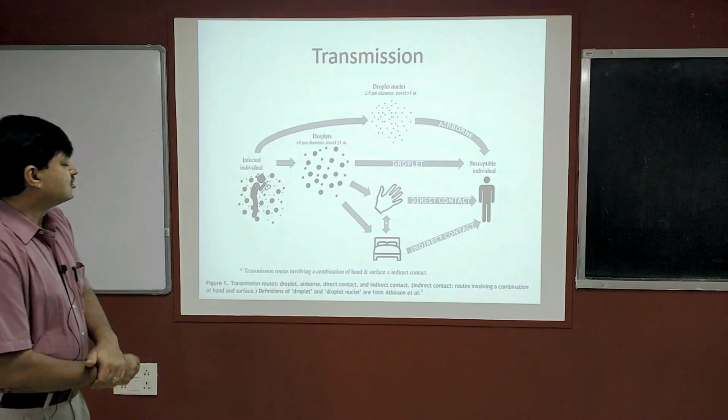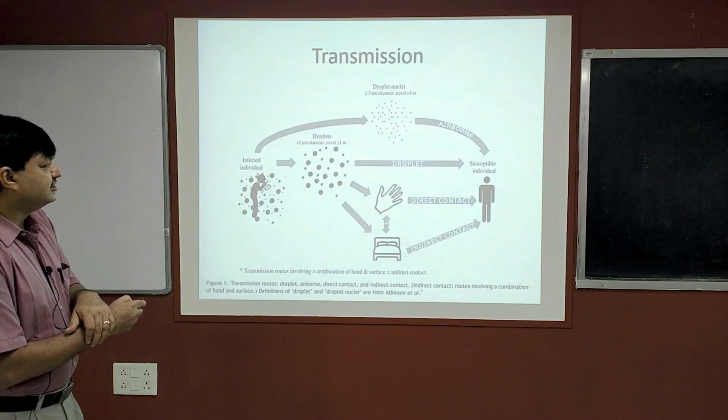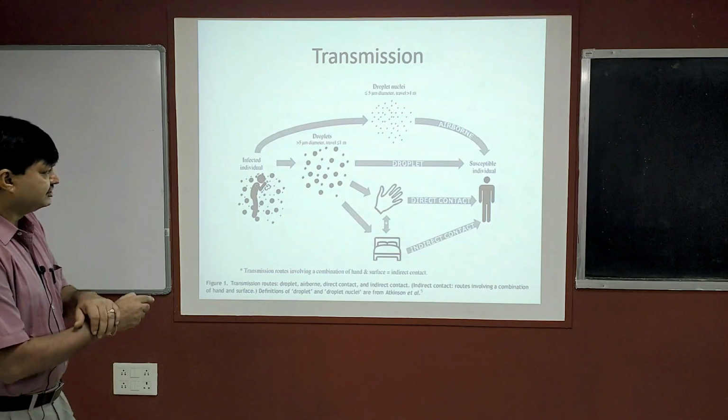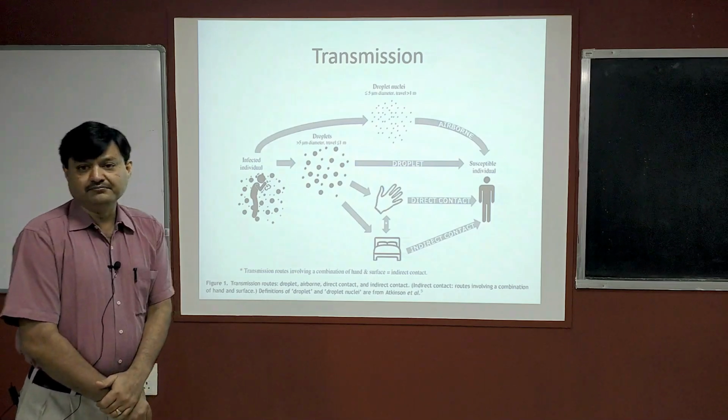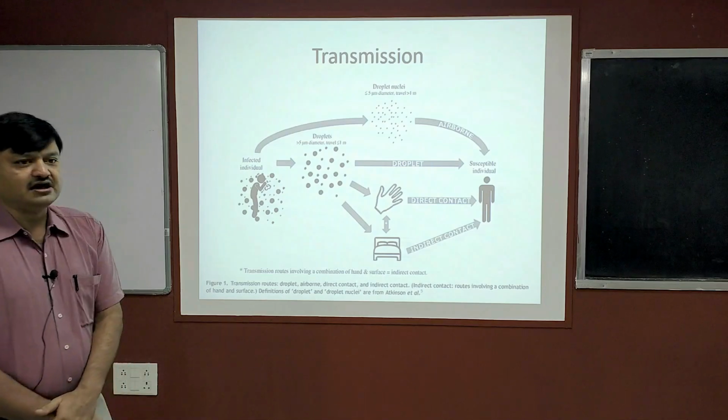Now, typically, the droplets are larger size particles, that is more than 5 micrometer in diameter, which can travel less than 1 meter distance, and they would settle down in the nearby area.